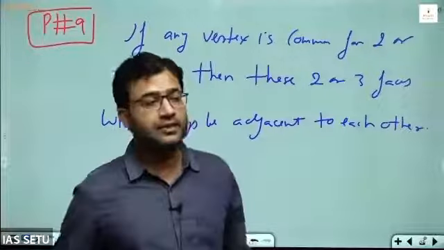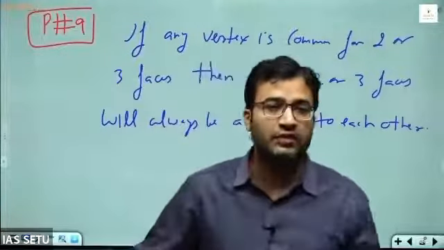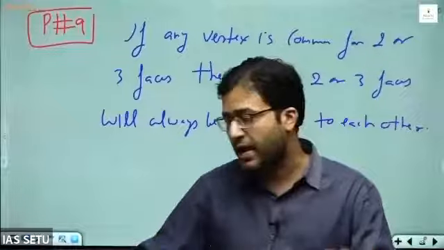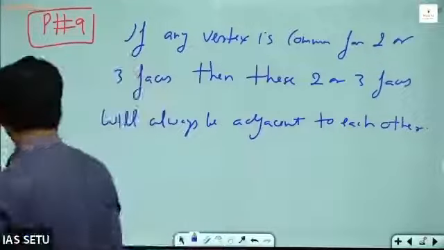If any vertex is common for 2 or 3 faces, then these 2 or 3 faces will always be adjacent to each other. Now here, first we will learn this concept with the help of a figure.